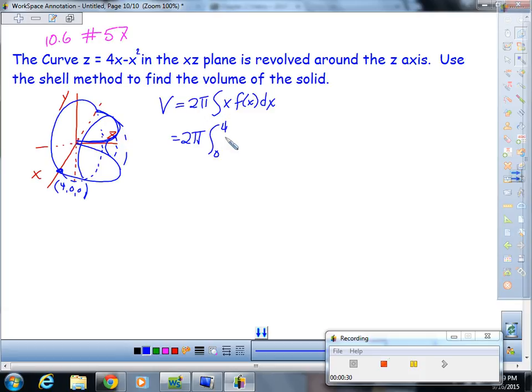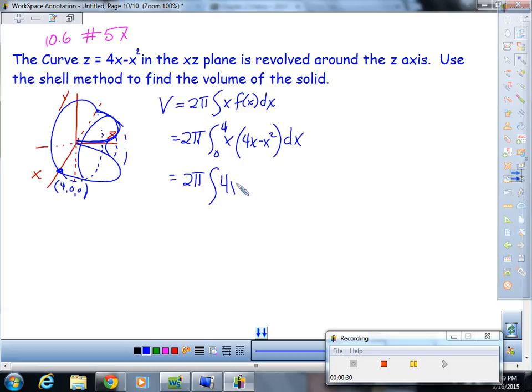Okay? And then we write down an x. Our function is 4x minus x squared dx. So all we've done there is just successfully plugged all of our information, bless you, into the shell method. Okay?